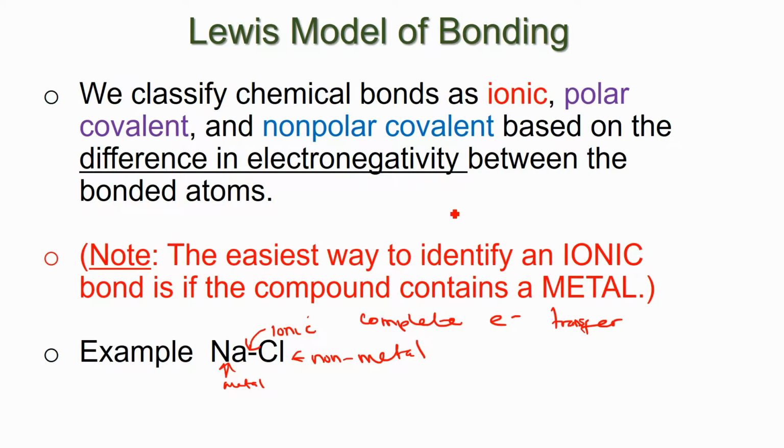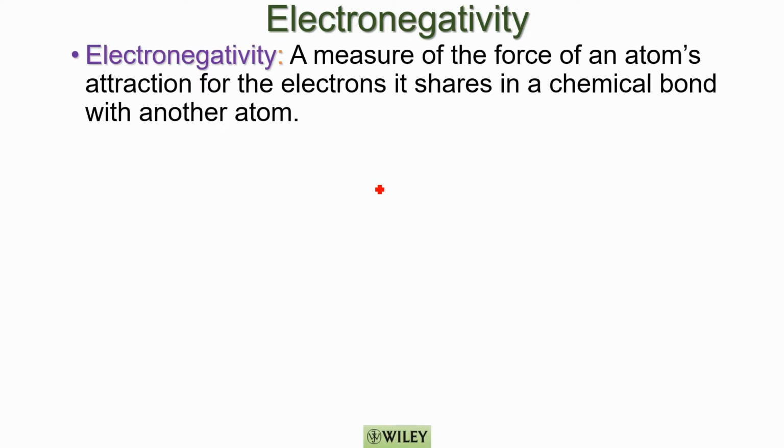We can base the type of bond on what we call electronegativity, which is the affinity of electrons by an atom. This is the measure of the force of an atom's attraction of electrons which are shared between itself and another atom.